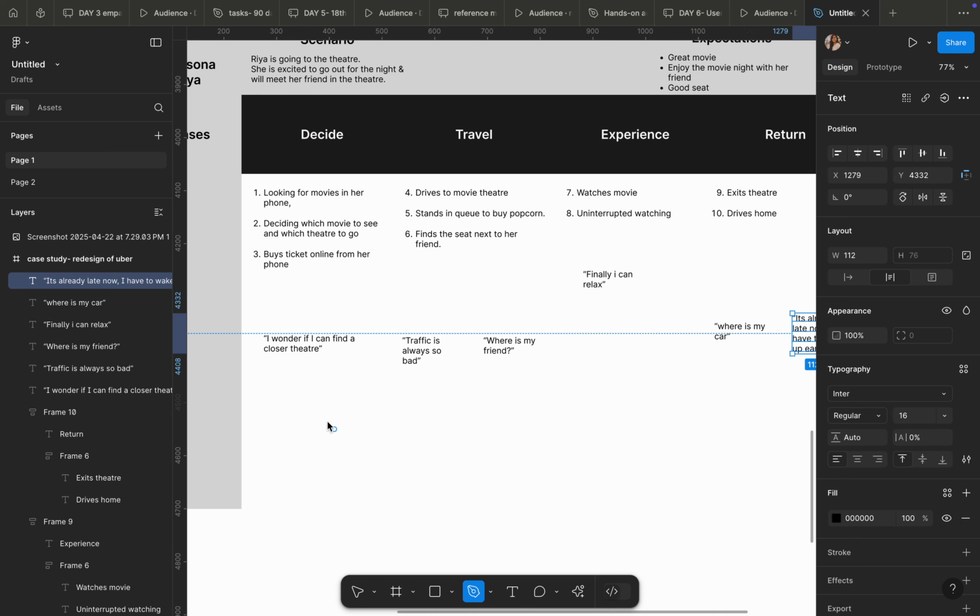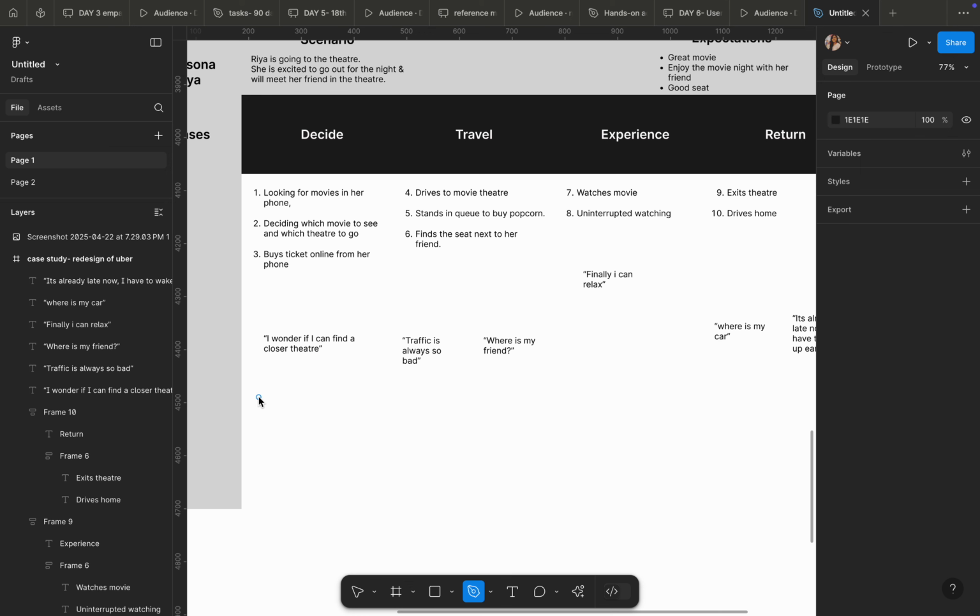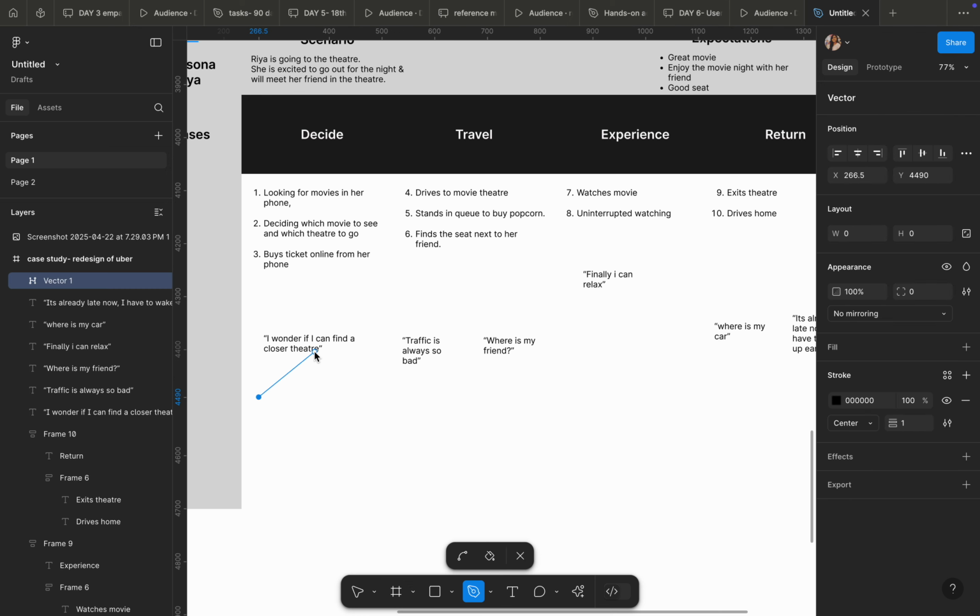For this, a journey is that the user will feel emotions, right? For that, you can show the emotion in this way also, or the user might be facing the highs and lows.